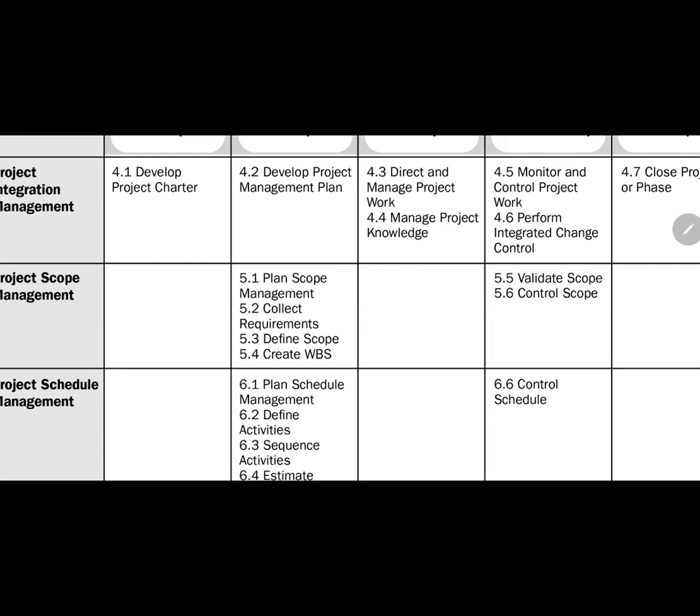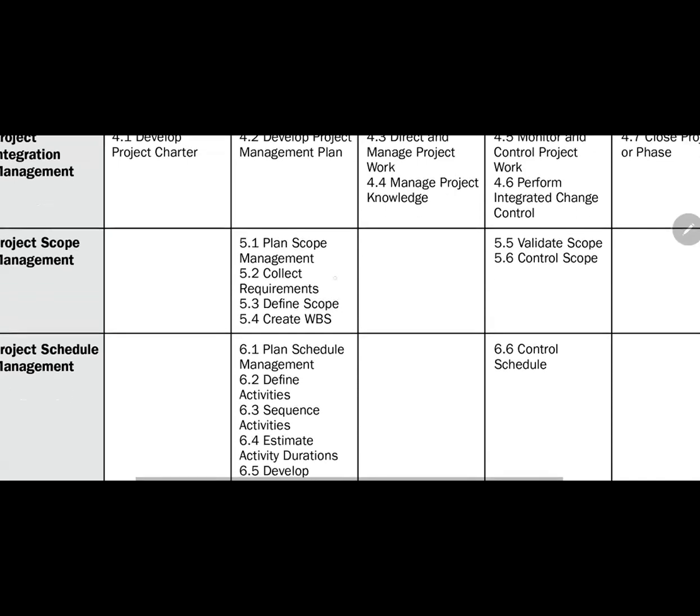It may be a medium or even low requirement, the least. So after collecting requirements, they document them. They then define the scope, look at the requirements, analyze them, and see which ones they should take. So that's define scope. Once you define the scope, you will now have what you call the scope statement.